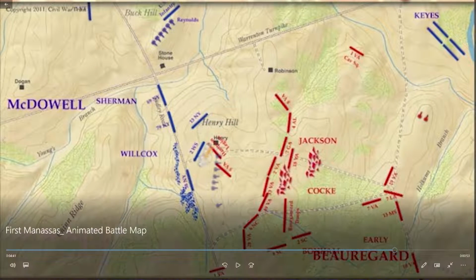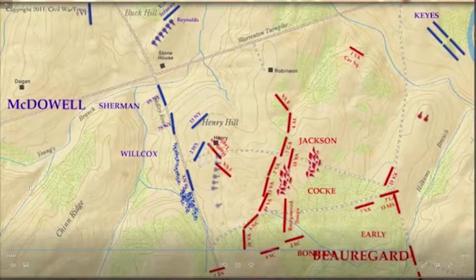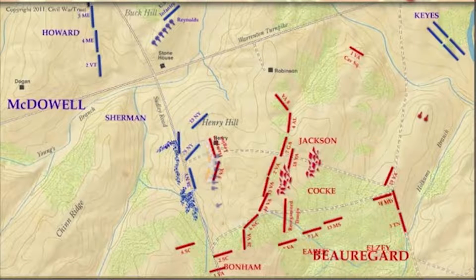They bring fresh troops to the field, extend their lines beyond the Union flank.